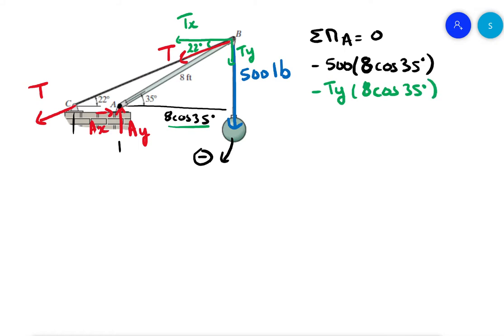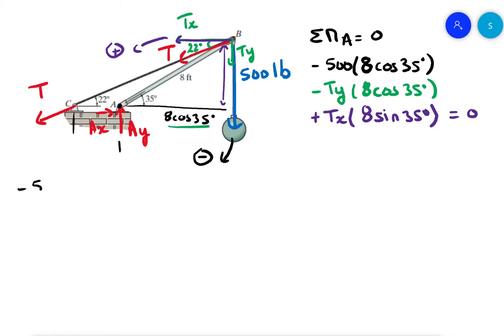And for the horizontal one, let's make it in purple. The distance that we want is the vertical distance, so that's 8 sine 35. And Tx tends to rotate in the positive direction about A. So plus Tx times 8 sine 35, and everything is equal to 0. So let me write my equation on the bottom.